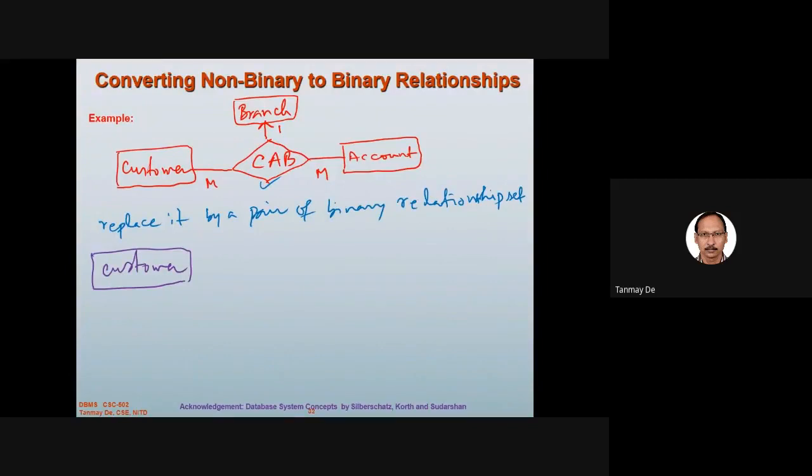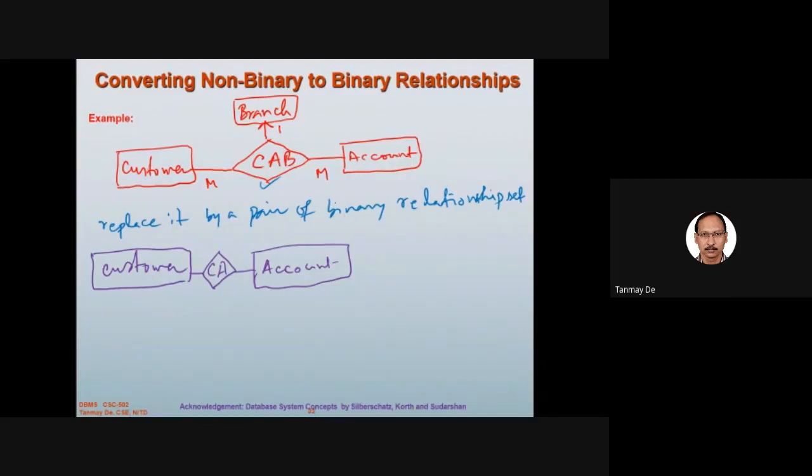Now customer and account, these two entity sets are related, say CA, the customer account, or for simplicity we can write CA.